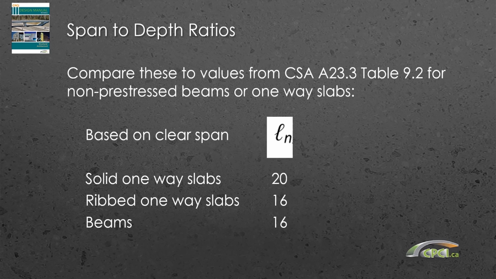So when you compare these ratios of 16 to 20 to the 40 to 50 that we can get out of pre-stressed, you can really see the advantage of being able to do long spans with precast pre-stressed structures.